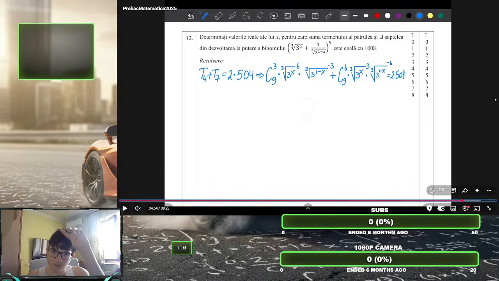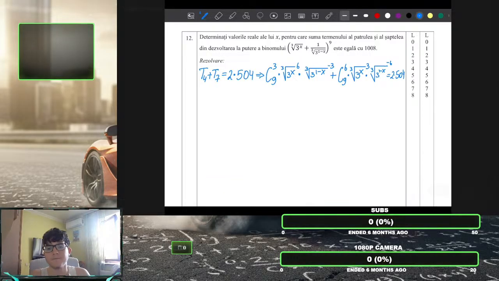And all of that's equal with 2 times 504, which is essentially 1008. So I've got that. Now I can move forward with this. And should we actually solve the combinations right now? Perhaps.